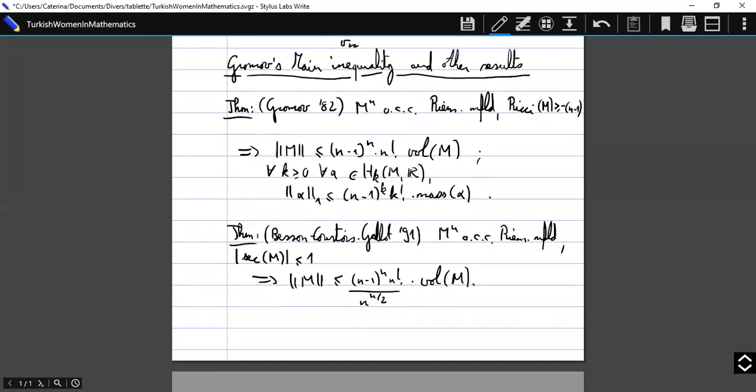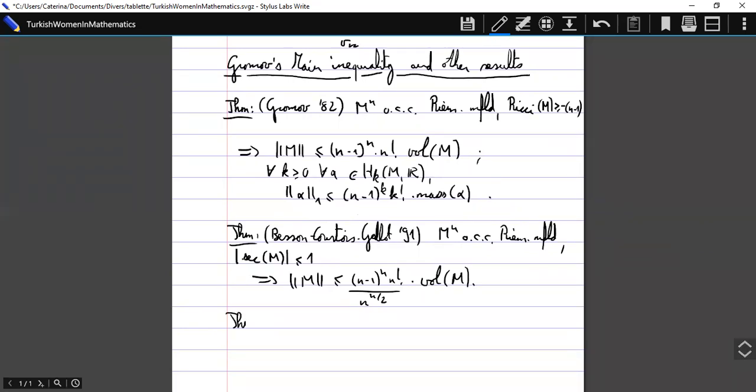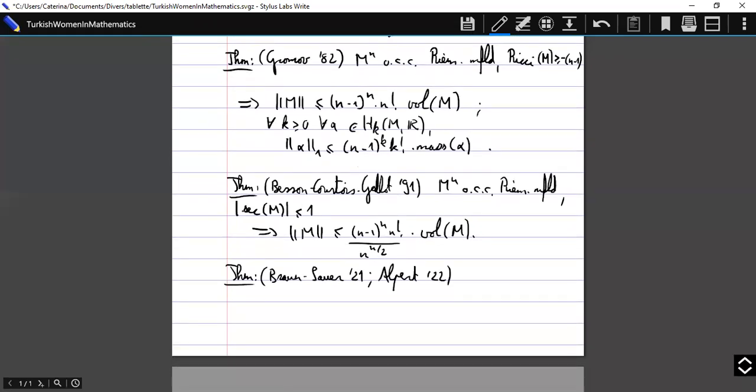And in the other direction, the direction of relaxing the curvature assumption, there is a recent theorem by Braun and Sauer in '21. And last year, there was an improvement by Alpert, who obtains the same kind of result, but with a better constant using different methods. So the statement reads as follows.